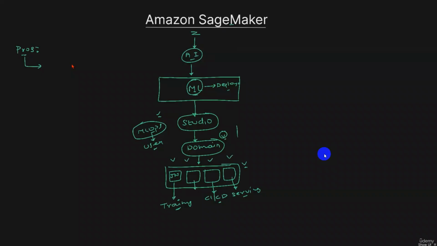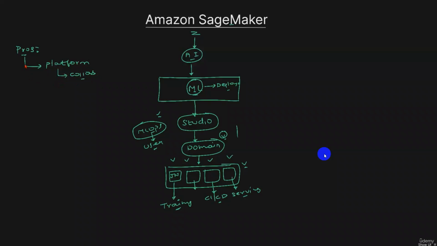We came across model serving. If you go with SageMaker, you can just use a single platform. So there is a common platform for everyone. Using one platform is the major advantage, so the collaboration becomes very simple for people in the organization.